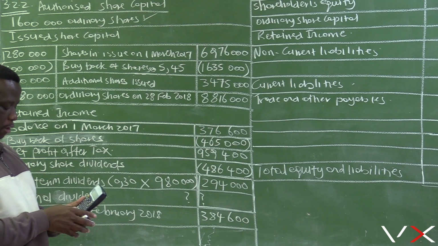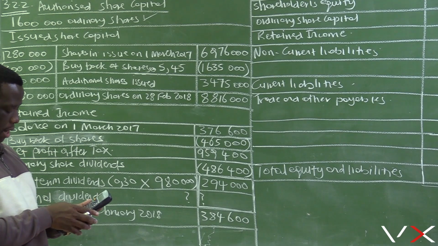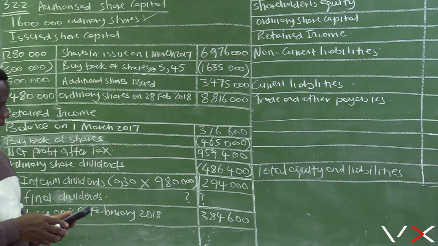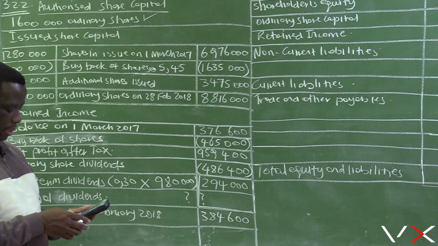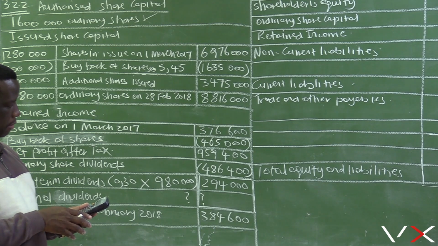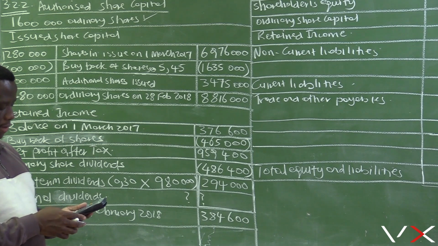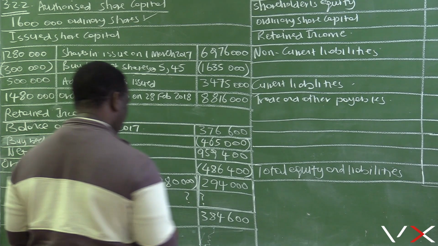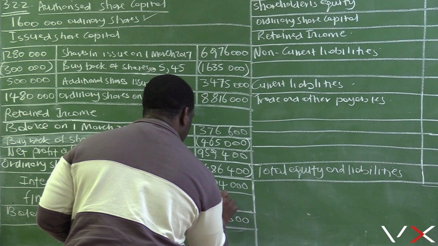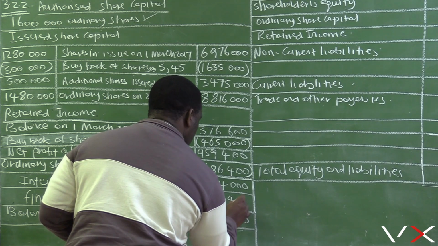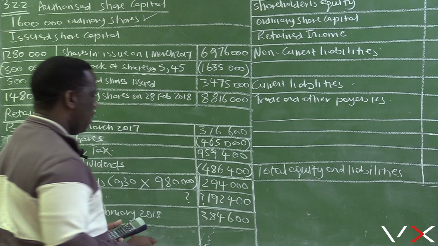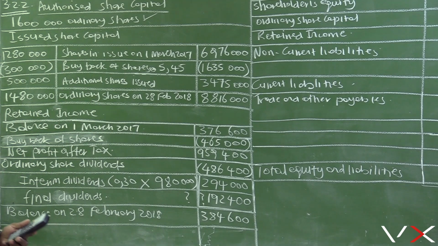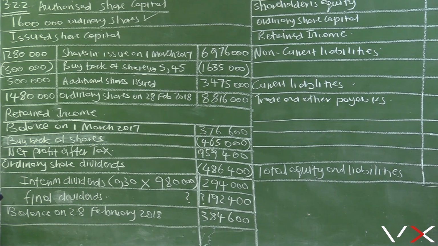So if we take this 486,400 and subtract the 294,000 interim dividend, then we are able to get the final dividend, which is 192,400. The final dividend is 192,400.